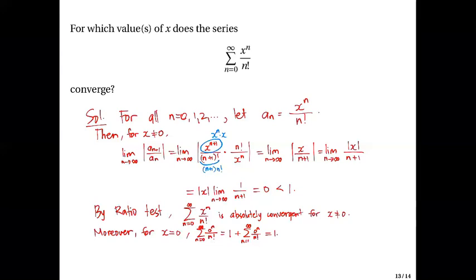Therefore, we have that the series x to the n over n factorial, n from 0 to plus infinity, is convergent for any real number x. And that's it, that's the solution for this problem.